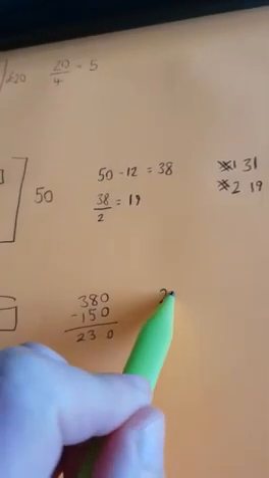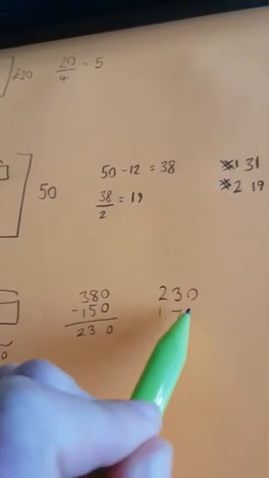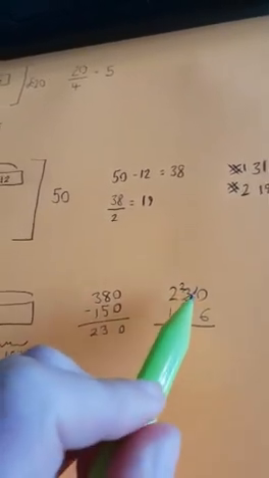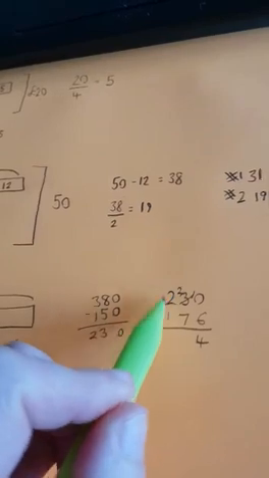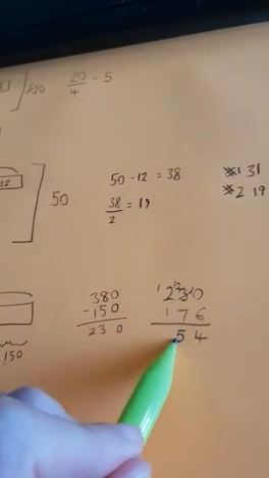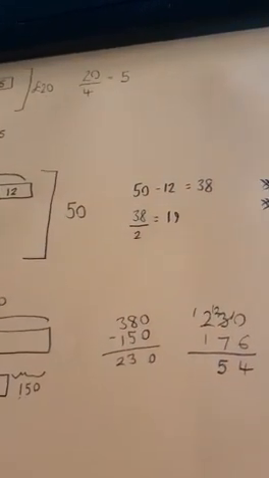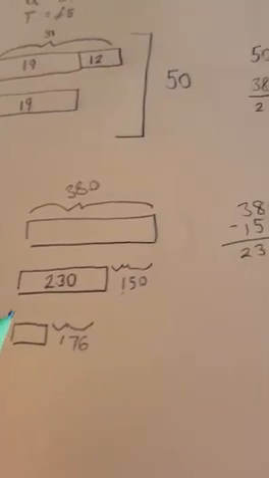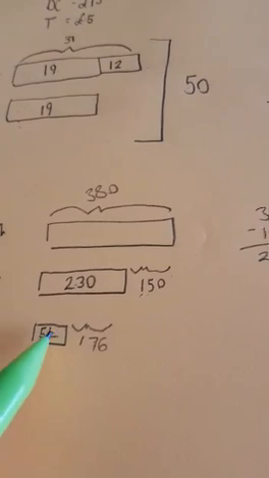So 230 take away 176, can't do that, so carry, 54. Okay, so this part here is 54.